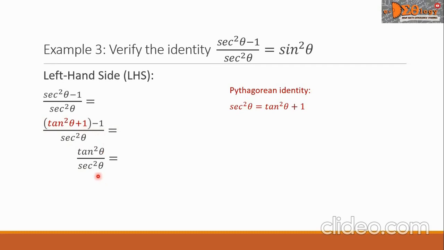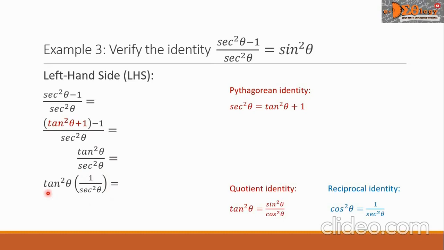I'm going to split now the tangent square theta and the secant square theta, showing that this secant square theta is a fraction with numerator of 1. And then I am going to convert the functions into sine or cosine.